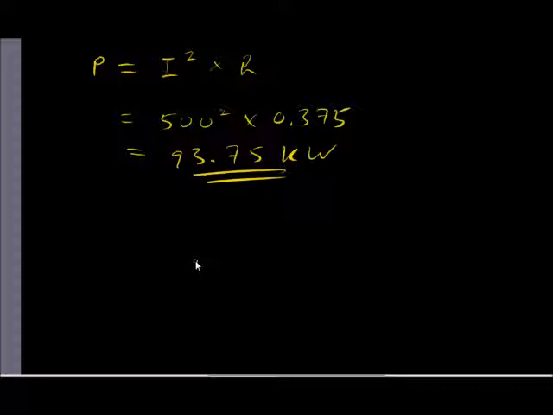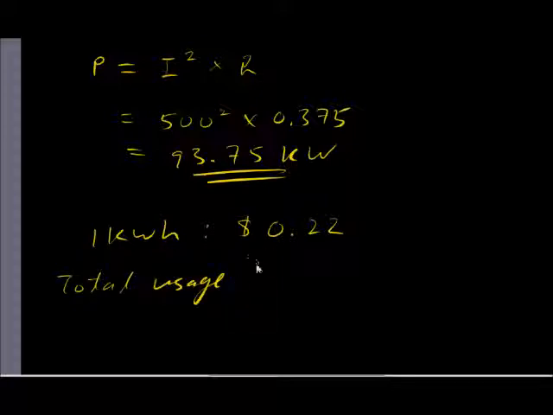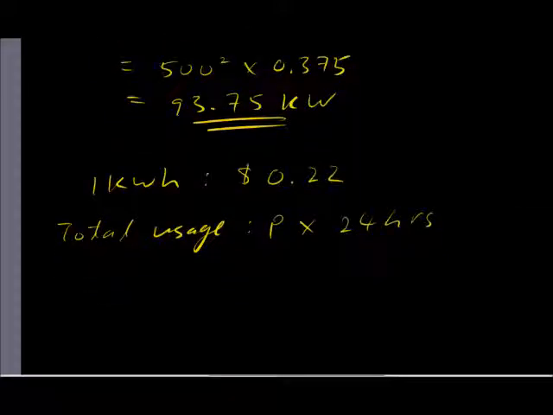And then for the third part, we need to calculate the cost each day of this power loss. It's given that 1 kilowatt hour costs us 22 cents. First of all, we need to calculate the total usage, which is given by power multiplied by 24 hours, because we need to calculate the cost for the whole day, which consists of 24 hours, and this gives 2250 kilowatt hour.